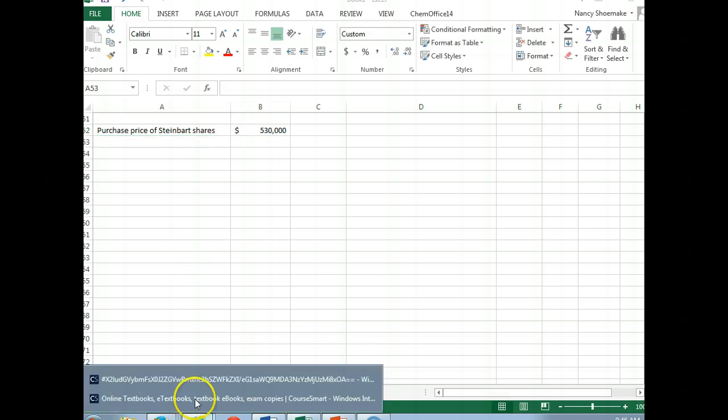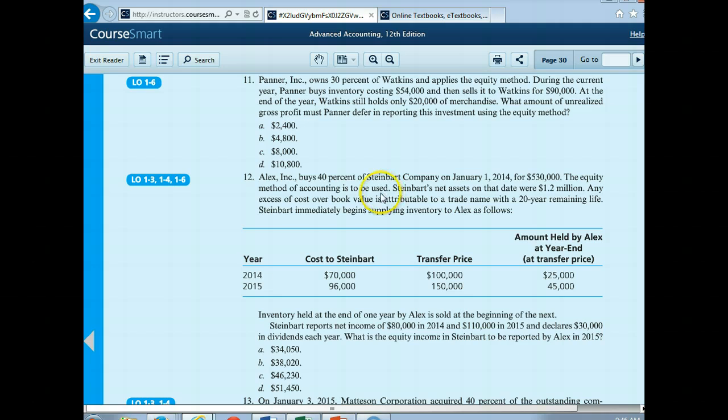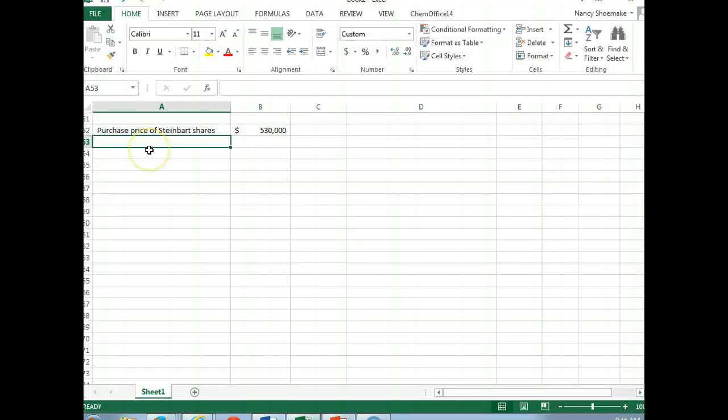Then we need to see, the equity method is used. Steinbart's net assets on that date were $1.2 million. So if the net assets are $1.2 million, we're going to determine what 40% of $1.2 million is, aren't we? So book value of Steinbart is $1,200,000 at 40%.